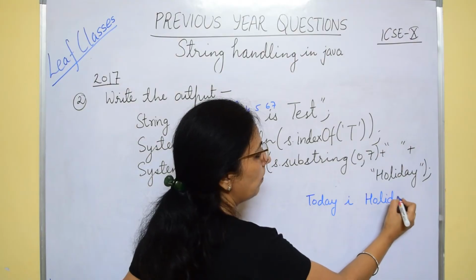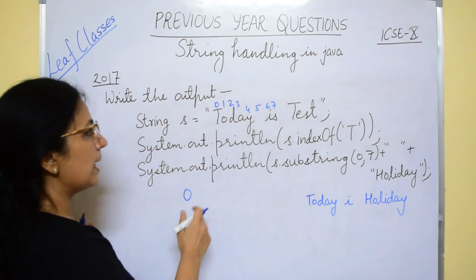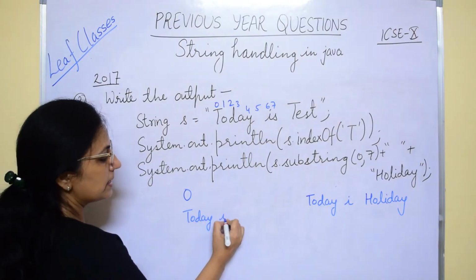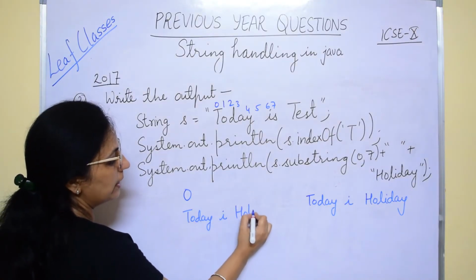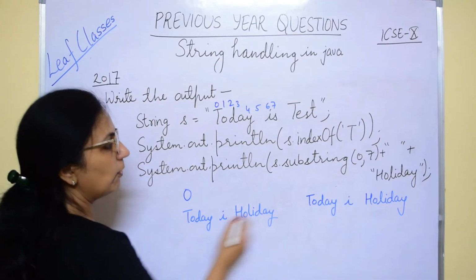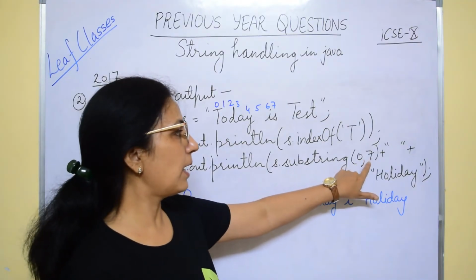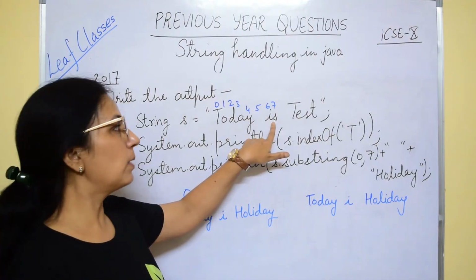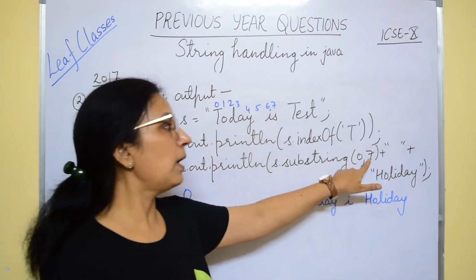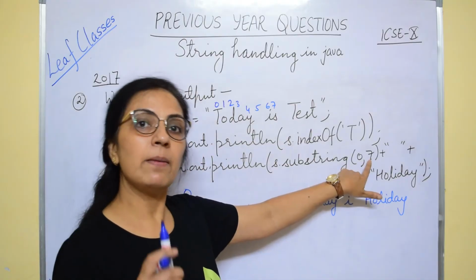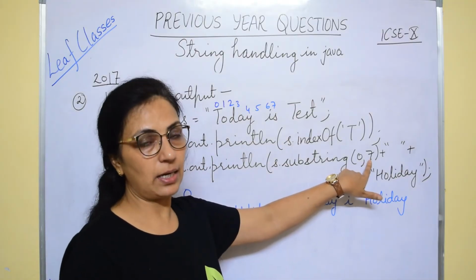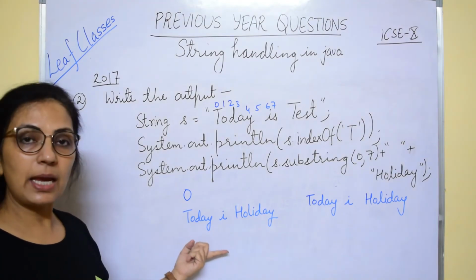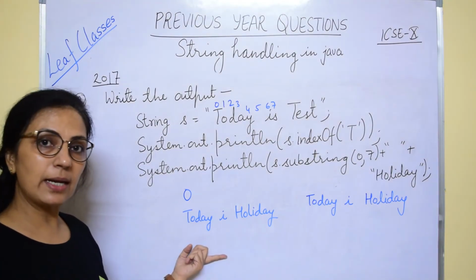So your output of the second line will be today space I holiday. Don't get confused when 7 is written here and you include 7. Please don't do that. It has to be till 7 but excluding that character. So the output is today I holiday. Please take care of the uppercase and lowercase characters too.